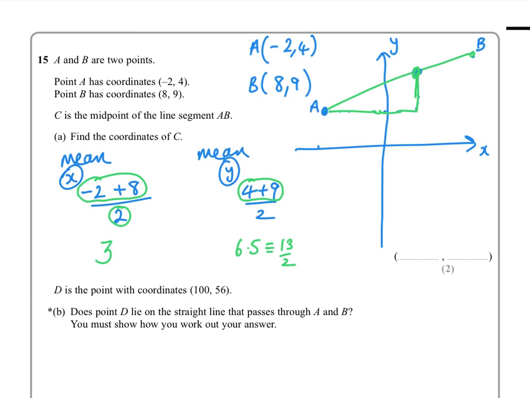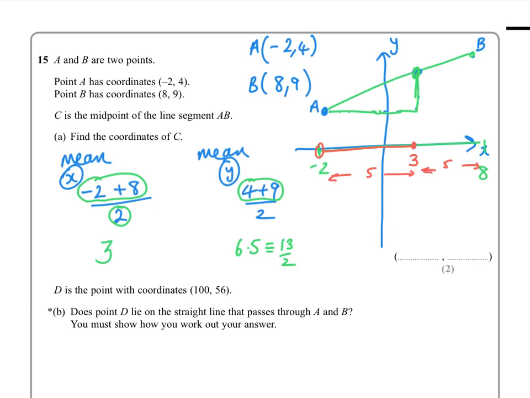And if you think about it, to go from -2 to 8 is a distance of 10. So if you did actually go halfway along from -2, i.e. up 5 units, you'd be at 3 by the time you got there, because that distance here would be 5. And this distance here would be 5.